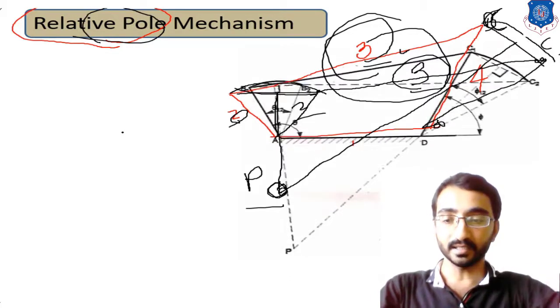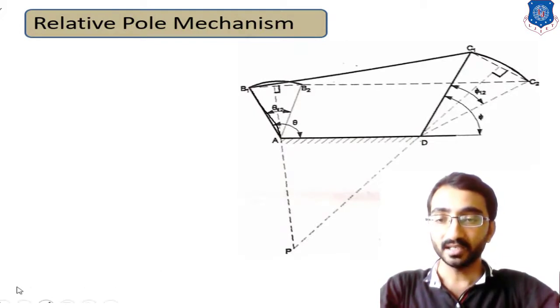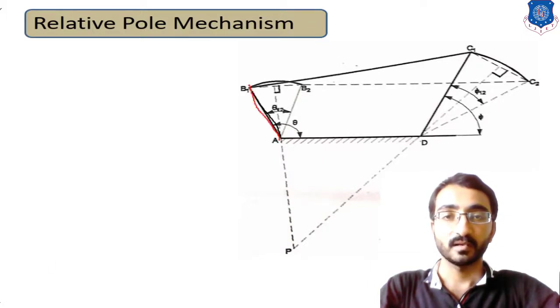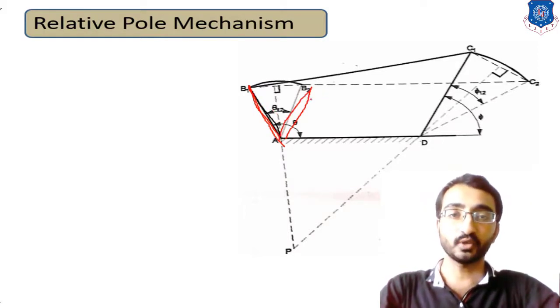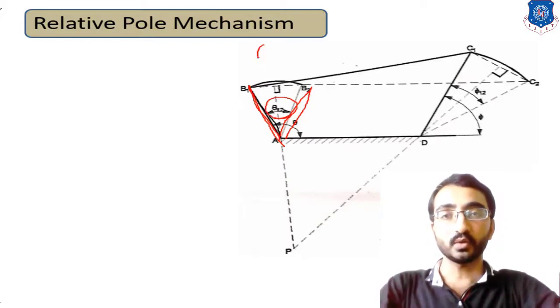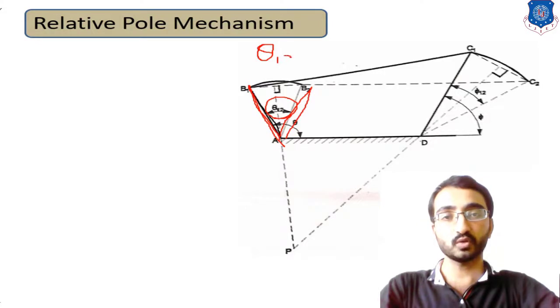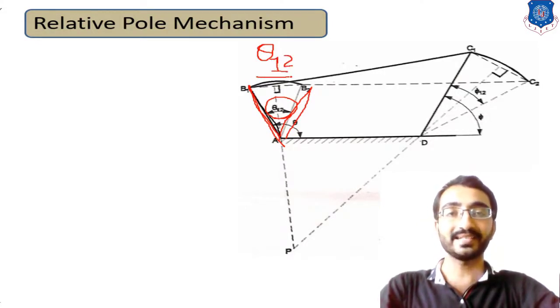Let's consider this figure properly. The initial position is AB1, which rotates to AB2 through this angle. The movement from the first position to the second position is denoted as theta 1 2. You need to remember these notations also. If the input link rotates from its first position to its second position, the angle between them is termed theta 1 2.